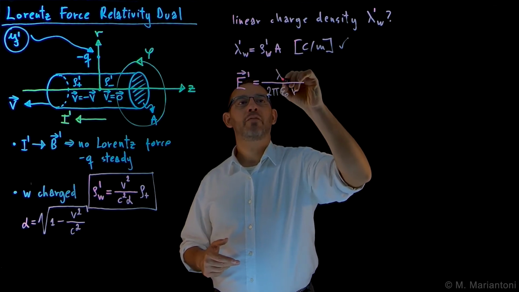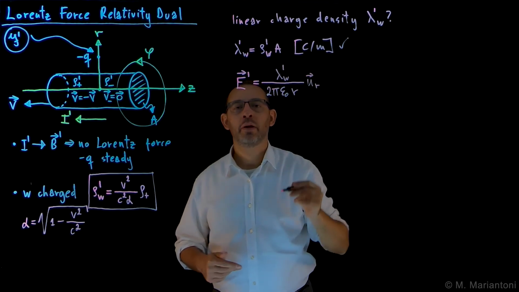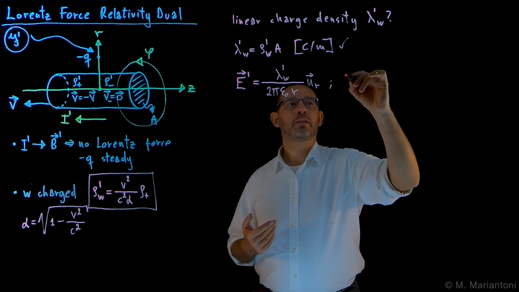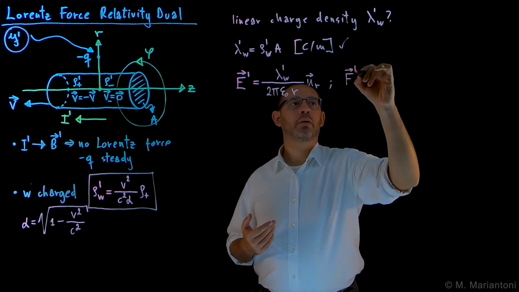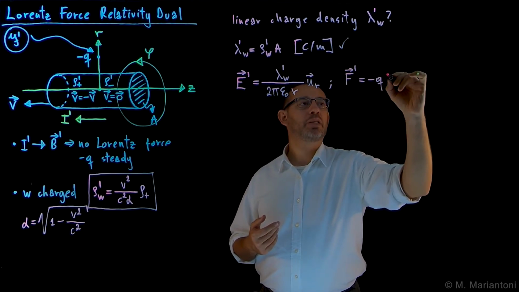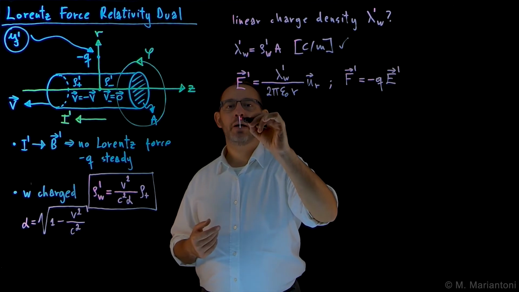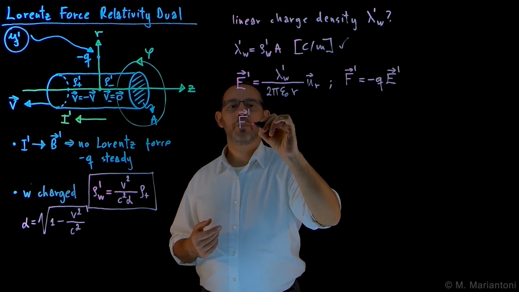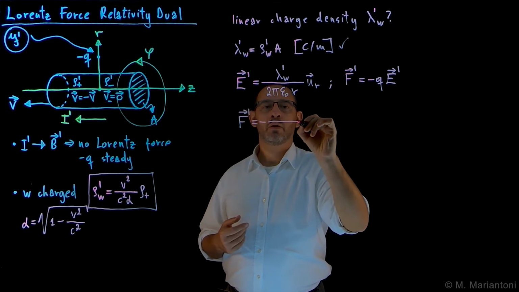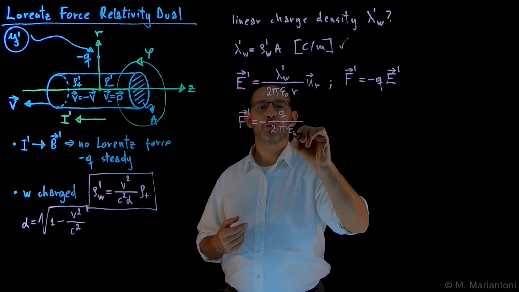In the numerator, we have lambda w prime. The direction is radial. Now, the Lorentz force associated with this field, F prime, has to be equal to the charge, which is minus q times E prime. And so the force F prime in the prime reference frame is given by minus q divided by 2 pi epsilon naught.